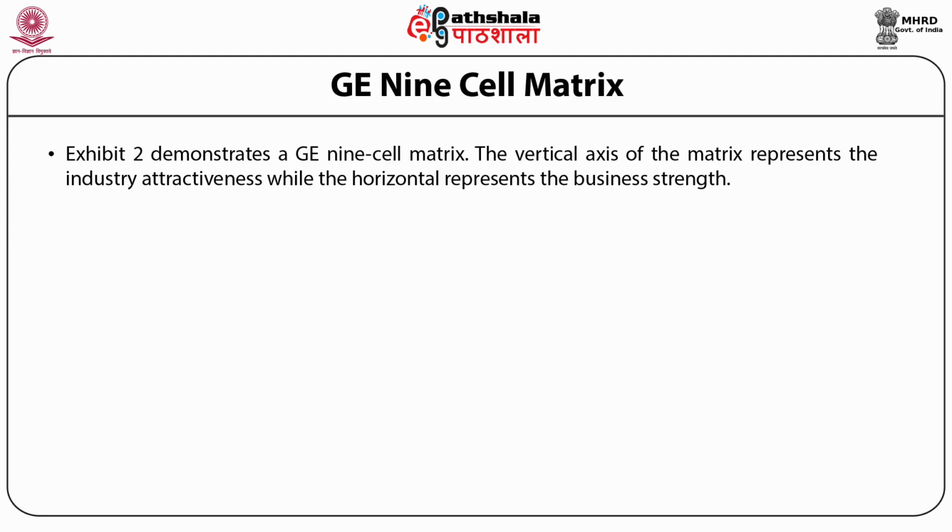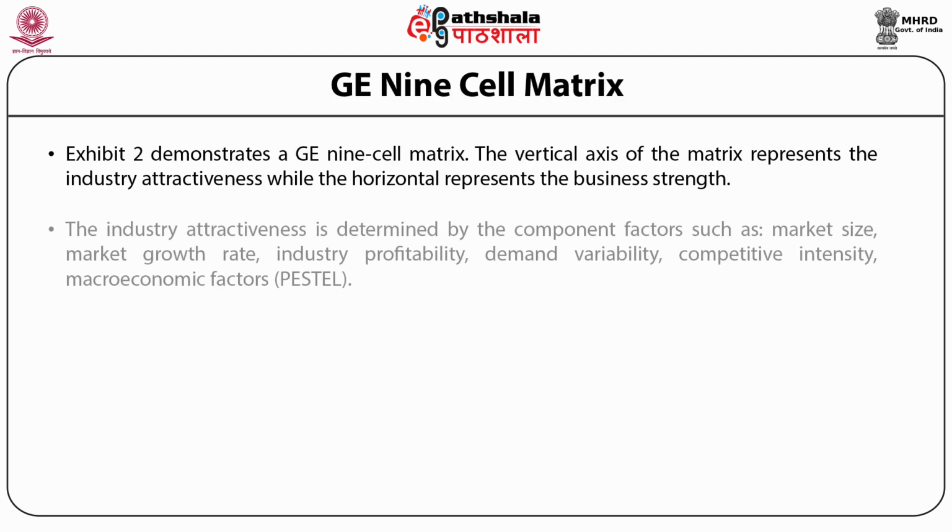The vertical axis of the matrix represents the industry attractiveness, while the horizontal represents the business strength. The industry attractiveness is determined by component factors such as market size, market growth rate, industry profitability, demand variability, competitive intensity, and macroeconomic factors, that is PESTLE: political, economic, social, technological, and legal factors.